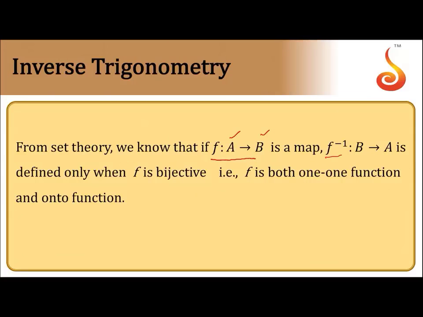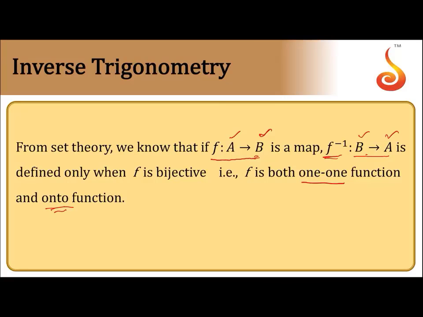The inverse of the function, represented as f inverse from B to A, exists only when f is one-one and onto. It means f is a bijection. When the function is onto, the codomain itself is nothing but the range. That's the reason f inverse exists directly from B to A.